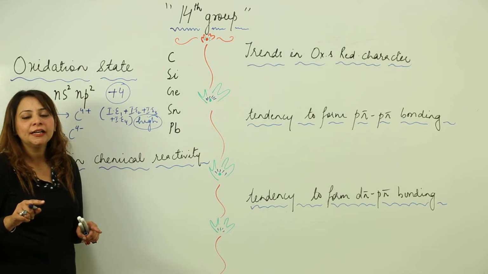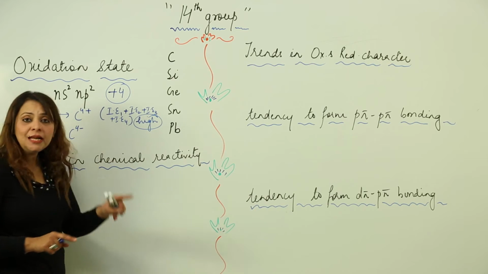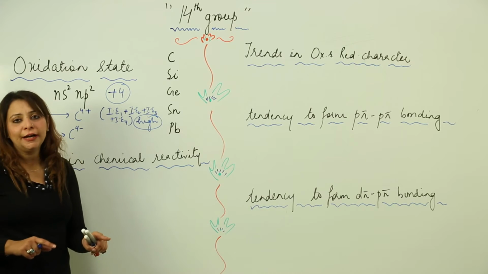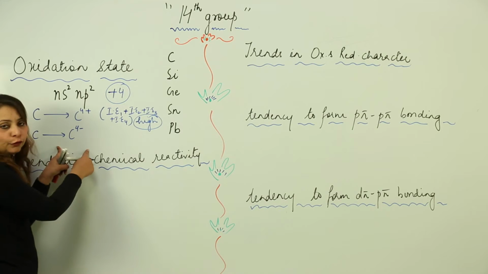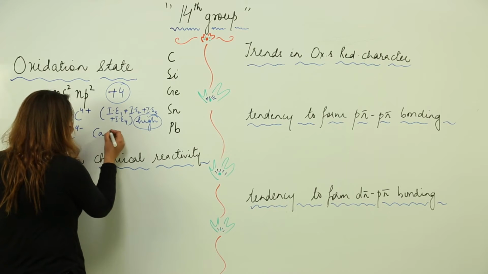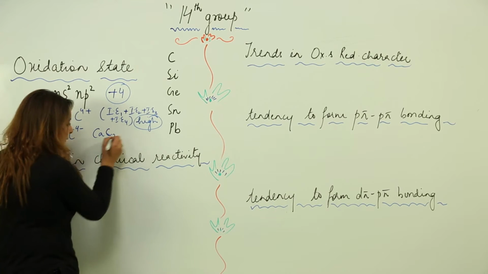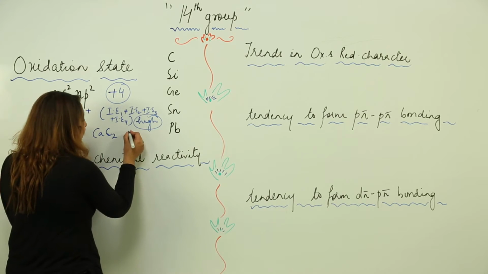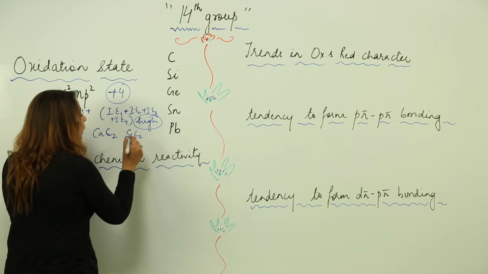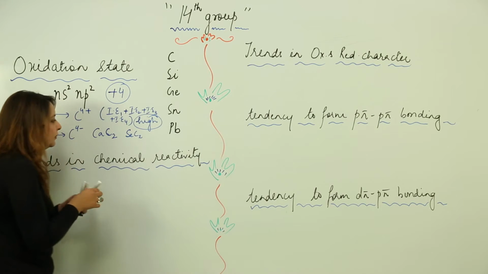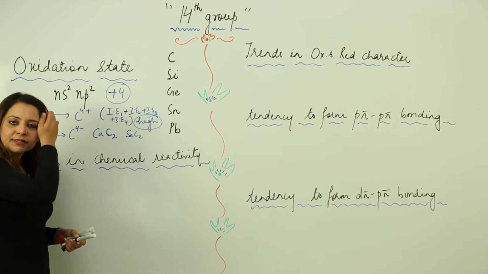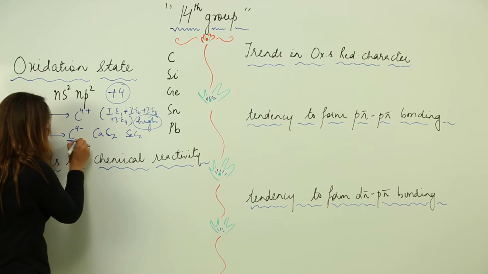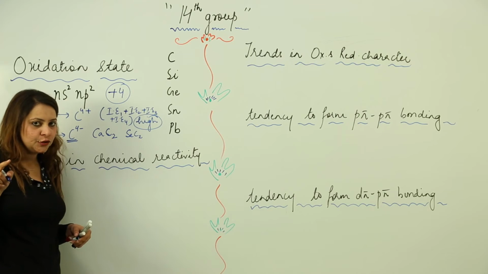It is also energetically not favorable, but still you know that carbon forms certain kinds of carbides with the general formula C4-. Like calcium carbide, it exists in nature. We have silicon carbide, it exists in nature. So we have certain carbides which exist in nature where carbon is in the C4- oxidation state.